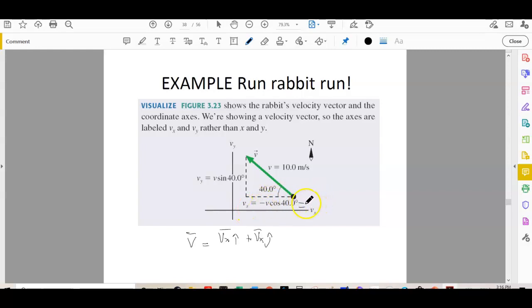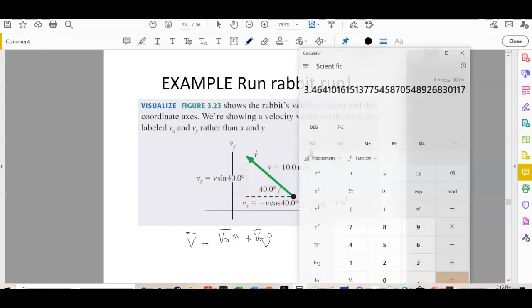Okay, so it's pointing to the left, and it's 10 meters per second, and that's at a cosine of 40 degrees. I'm just taking V and plugging in 10 here. So what does that equal?